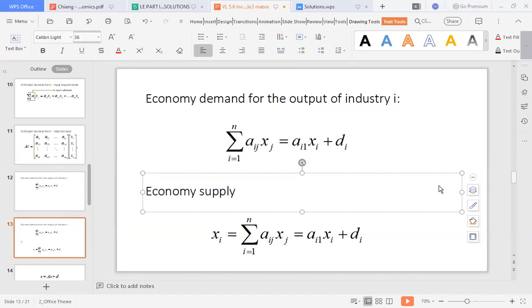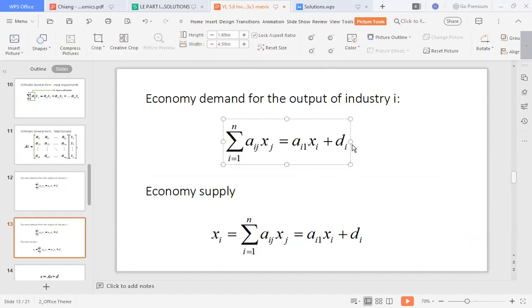Remember, class, that input should be equal to output. Our total output should equate to total input.